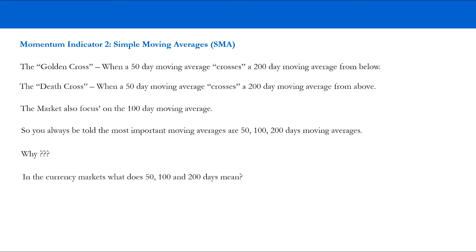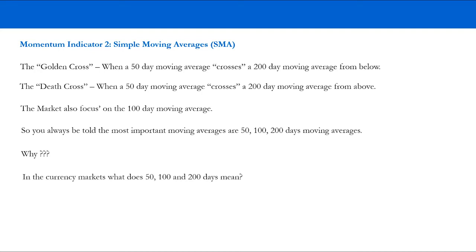You may have also heard a couple of sexy sounding phrases in the financial markets where moving averages are given some sort of significance, so they become significant factors of consideration when trading.